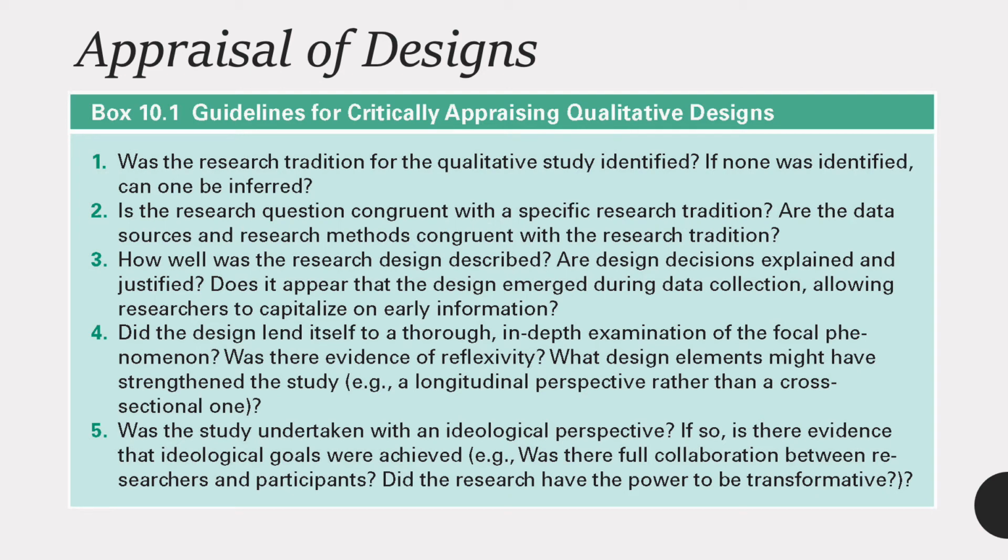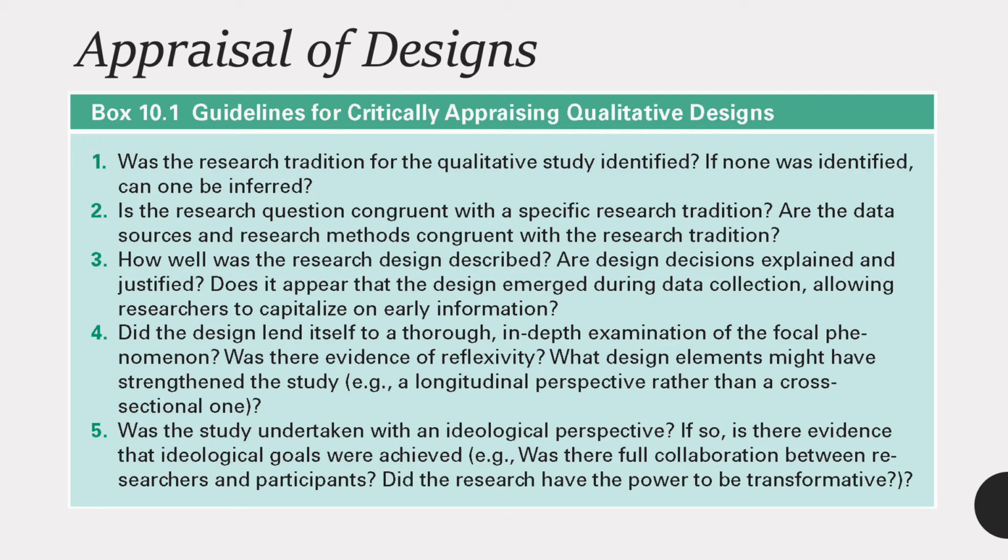Was the research tradition for qualitative study identified? If none was identified, can one be inferred? And this is to say, did they say it was ethnographic research or phenomenological or grounded theory? If they didn't say, is it obvious from what you're reading?